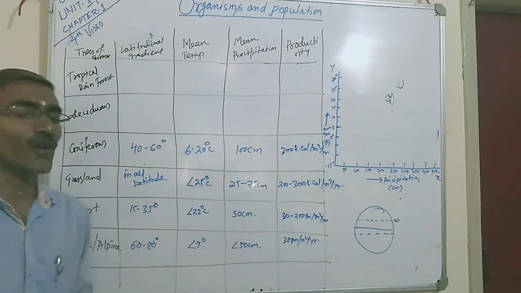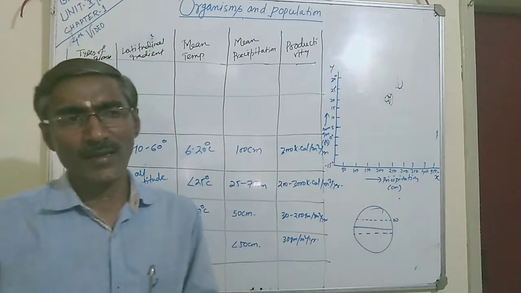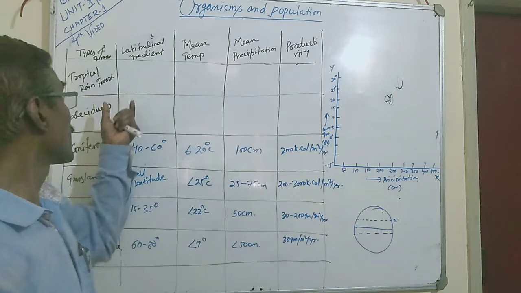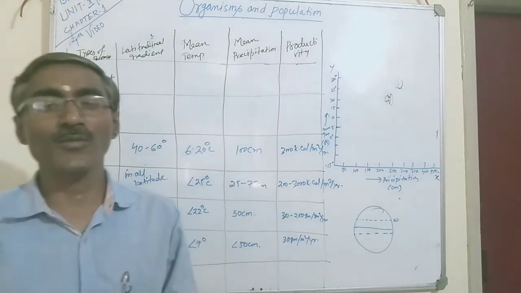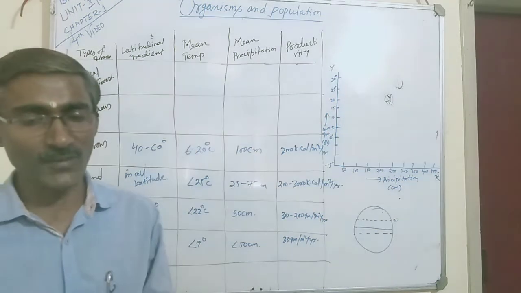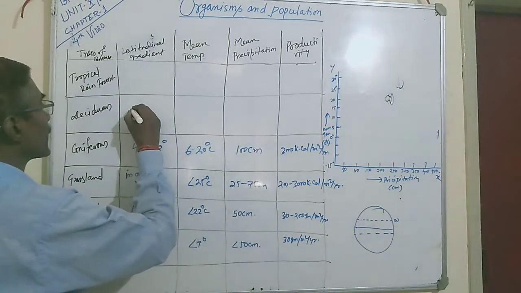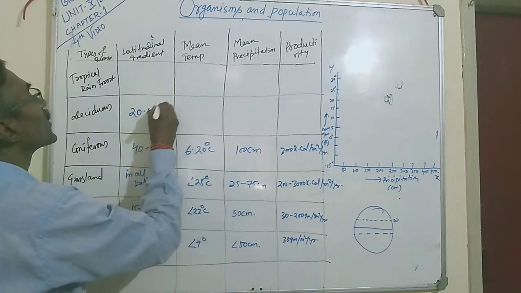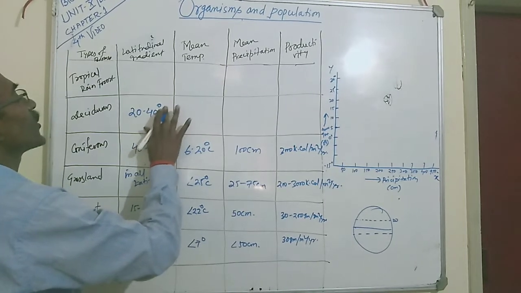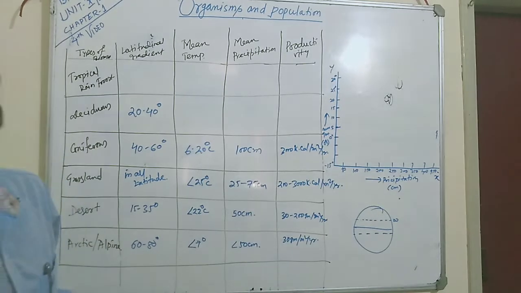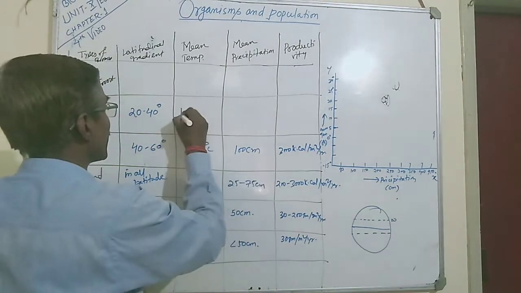Whereas the deciduous forest is near to the tropical rainforest when you compare rainfall and precipitation. So deciduous forest has comparatively higher productivity, and the tilting is 20 to 40 degree. Mean temperature is 17 to 24 degree centigrade.